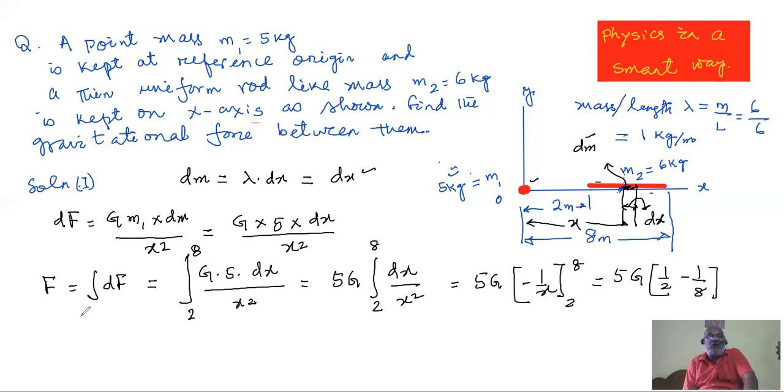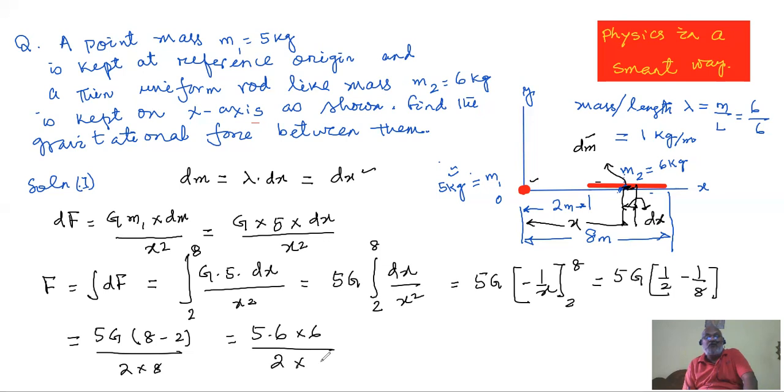Okay, that will be equal to 5G. Sorry, that is 5G into (8 minus 2), so that is 5G into 6 by 16. 2 into 8, clear? 15G by 8.